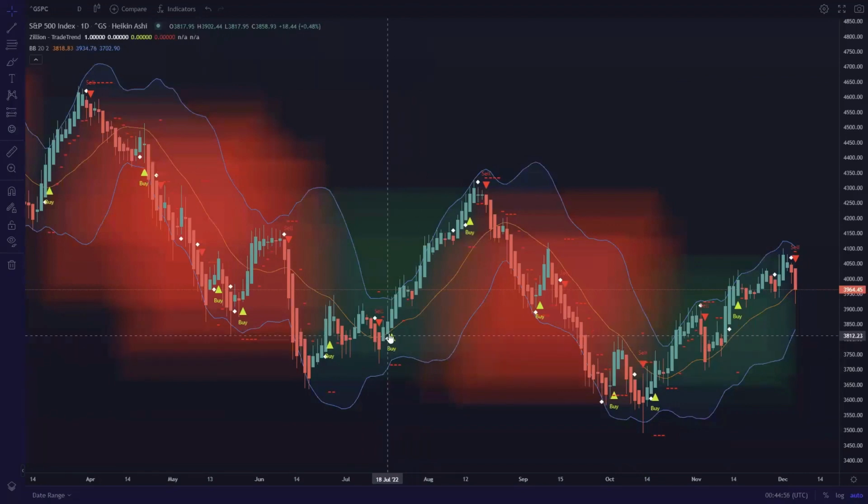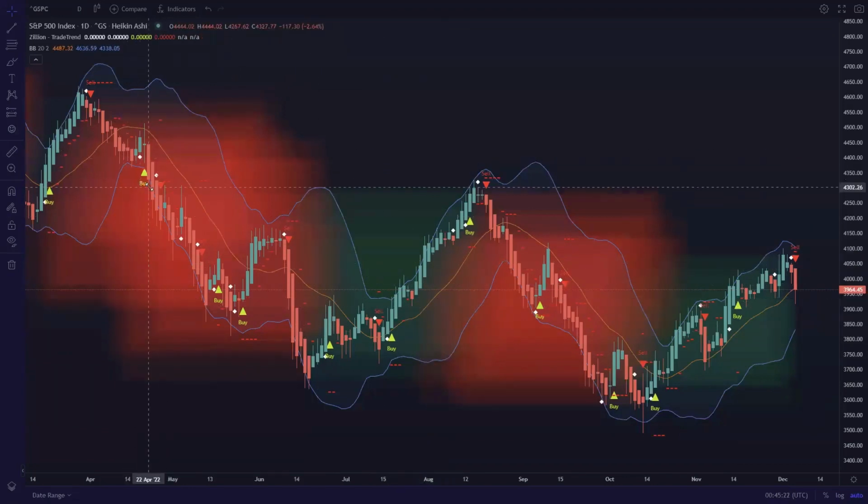I see upward sloping, we had 4 bearish Heikin Ashis, we have a green divergence cloud, we have a transition from down to upward sloping Bollinger Bands, our mean band and our outer standard deviation bands, and we have a trade trend buy signal. All 4 factors are lining up. And this one turned out very nicely.